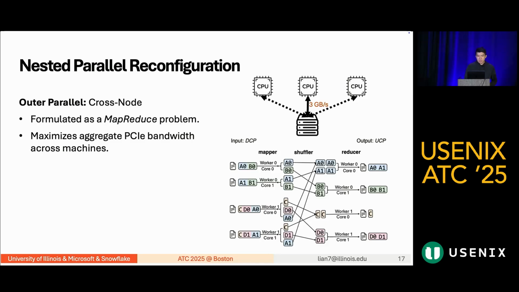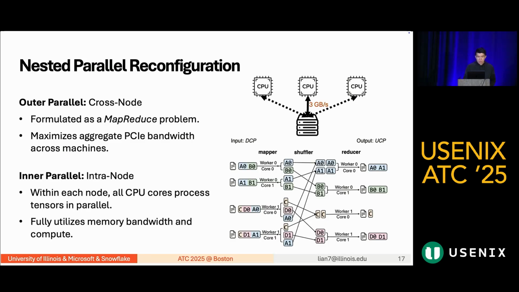We formulated the reconfiguration as a MapReduce problem, which allows us to distribute and parallelize conversions using the aggregated PCIe bandwidth. The second one is inner parallelism. Within each node, we can take advantage of multi-core CPU processing. All the available cores are engaged to perform fine-grained reconfiguration tasks concurrently, so we can fully utilize the computation power within a single machine.